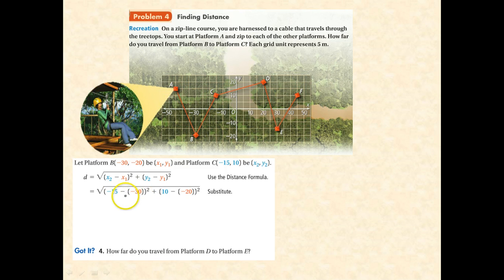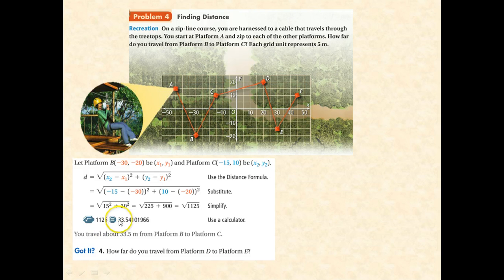And then we just start simplifying. Minus a negative 30 is plus 30. That'll be 15. Minus a negative 20 is plus 20. So 10 plus 20 will be 30. And then we just simplify. Punch it in the calculator. And you travel about 33.5 meters from platform B to platform C.